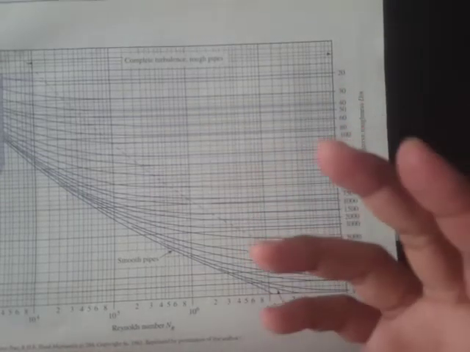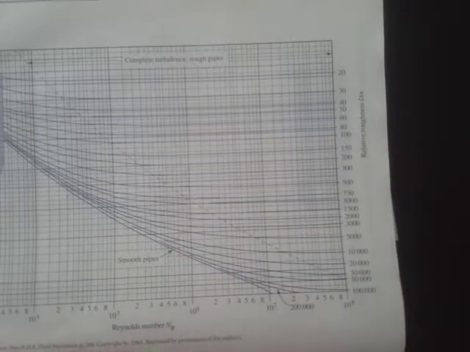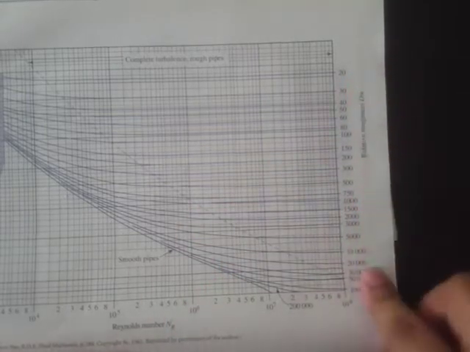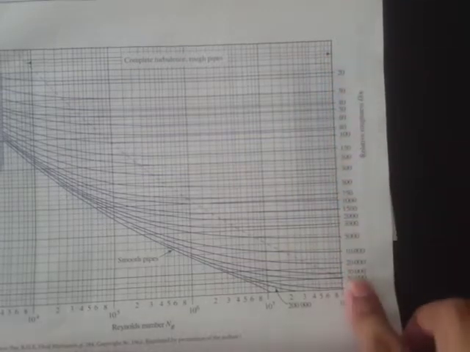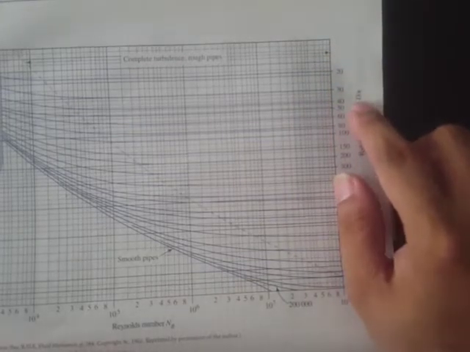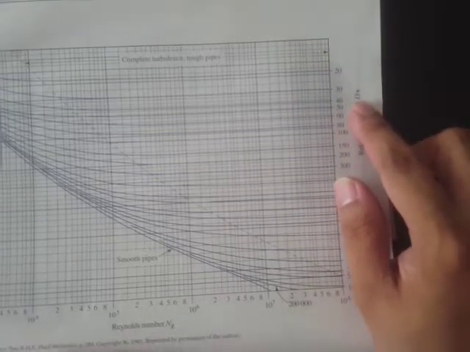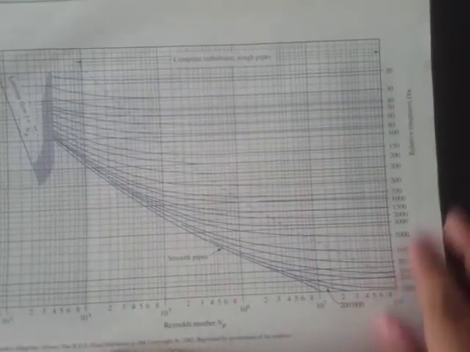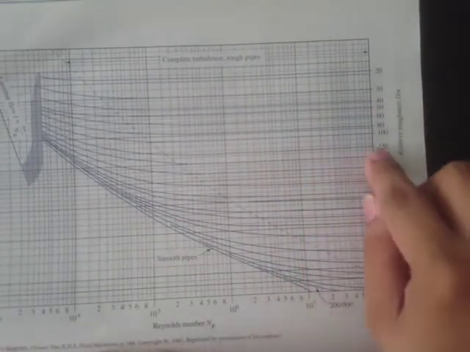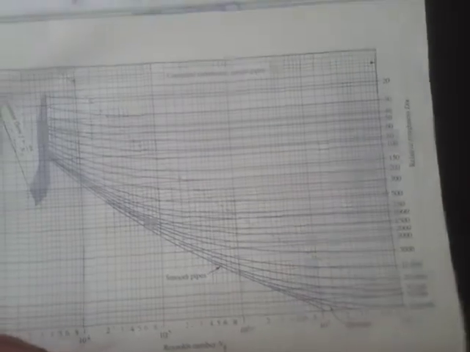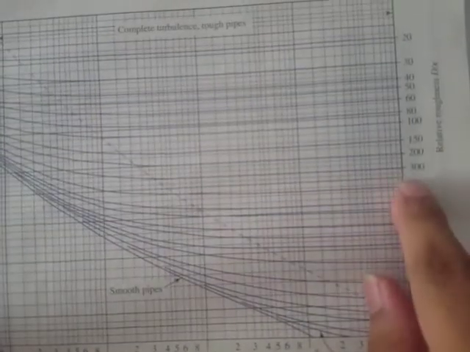So they're reciprocal values. Just take note of whether it is D over epsilon or epsilon over D. These are the lines right here. For example, if the relative roughness is 300, then this is the line.